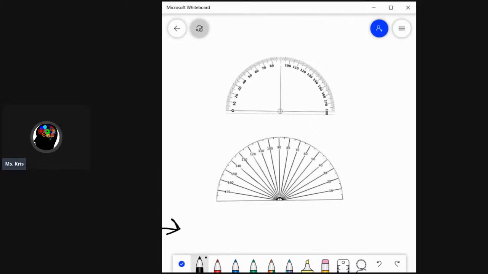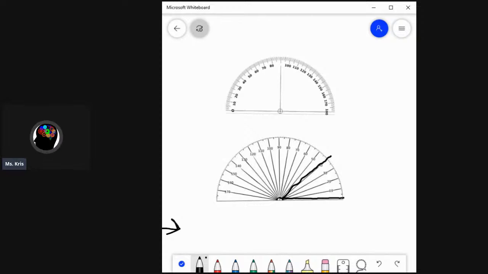Some may be up in the air, but even if they are, you can take your protractor and line it against the one that's up in the air, and it allows you to still measure your angles. So you'll have a line here and maybe a line going here.